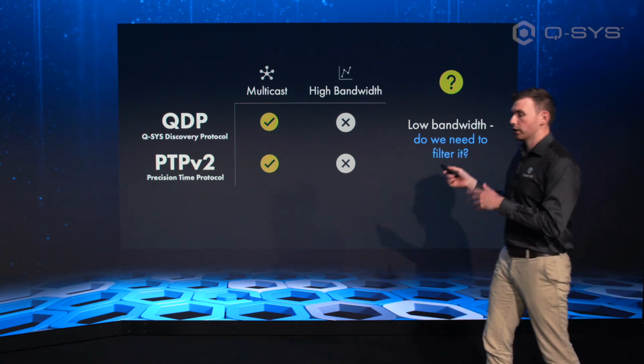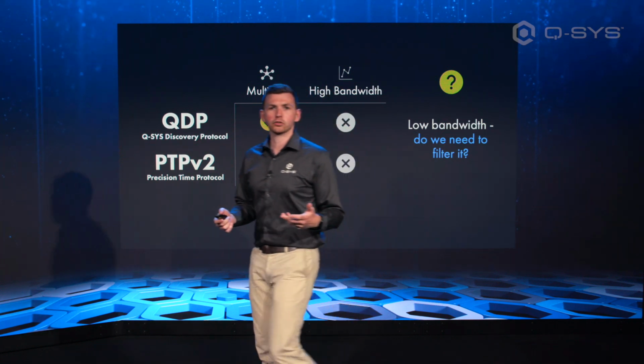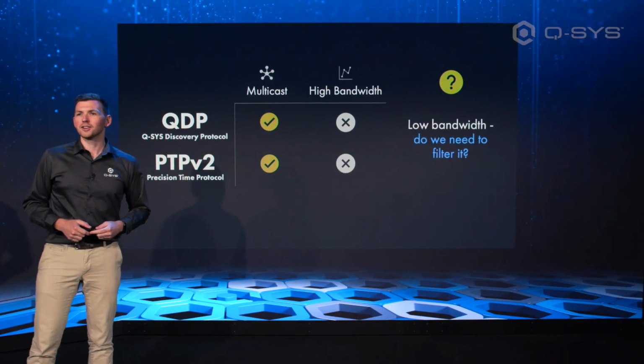So we might think at this point, well, we've only got low bandwidth traffic, so do we actually even need to filter this? Why can't we just flood all the multicast and it'll all work, right? All the devices will get the traffic they need to get. You might get away with that with QDP and PTP on a smaller system, but when we add in video, that's where that might not work quite right.